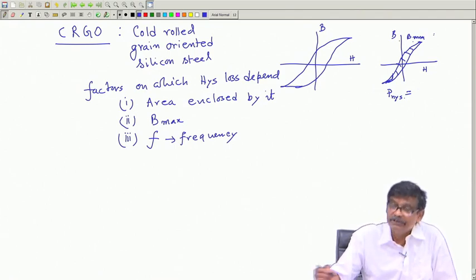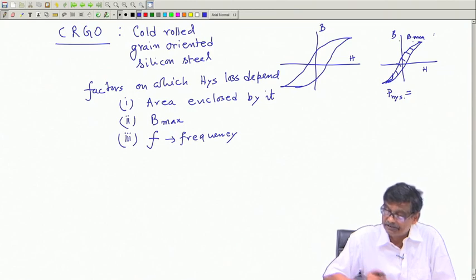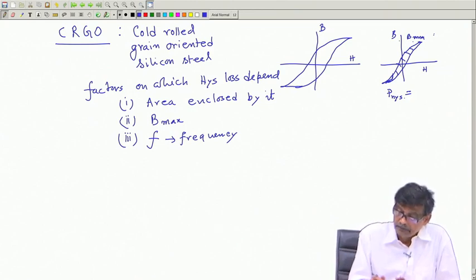So, more the cycles, more the frequency, hysteresis loss will increase per unit volume. So, it will depend on frequency.